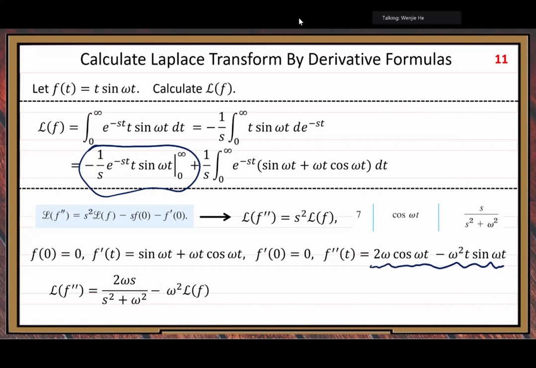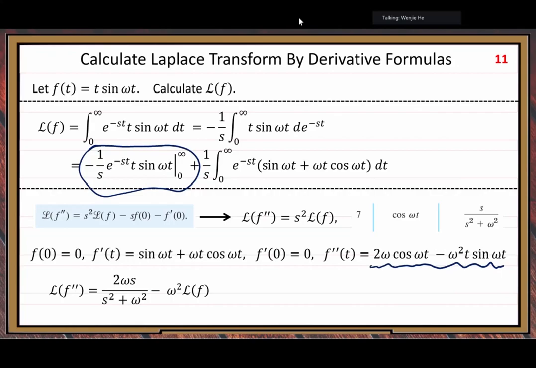That's the first term. For the second term, we take omega squared out, and inside, t times sine omega t is the original f, so we can use L of f here.